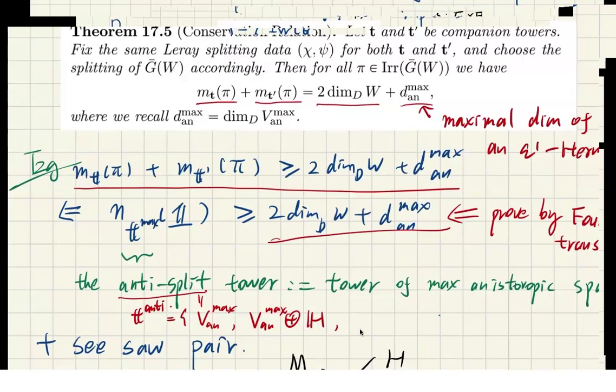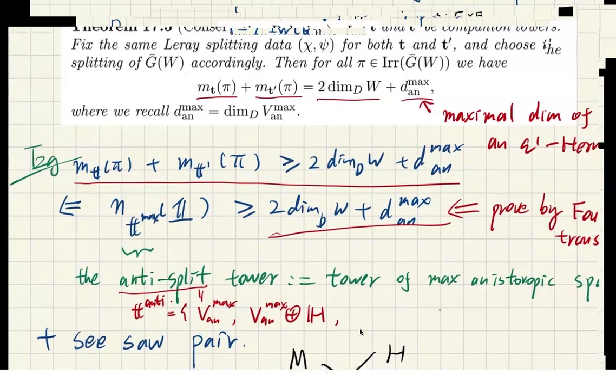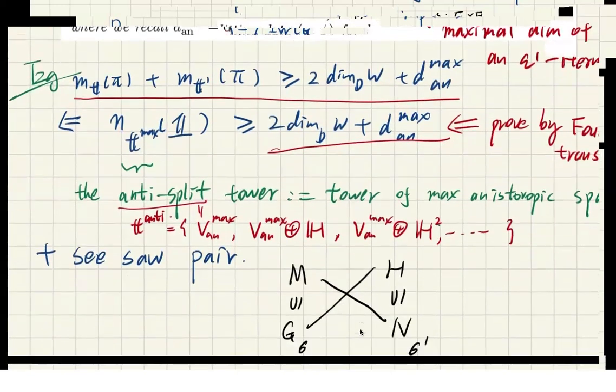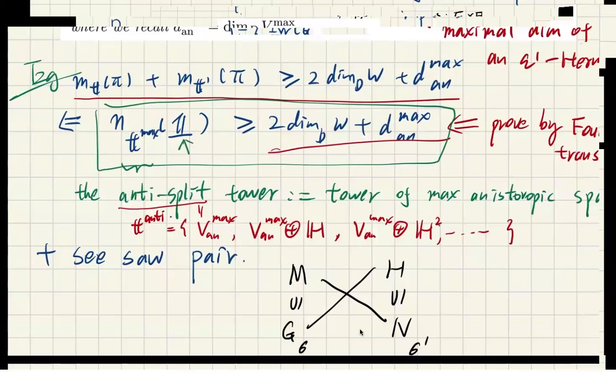So this is proved by using Fourier transform kind of consideration. Historically, different people for different fields, different cases gave different proofs, and then in Sun and Zhu's paper, they give a uniform proof of this result. One interesting point is that you prove the late occurrence of a specific representation, which is the trivial representation.